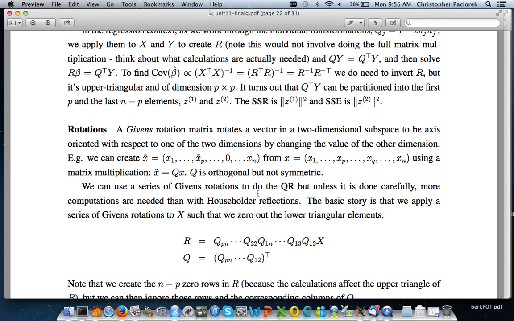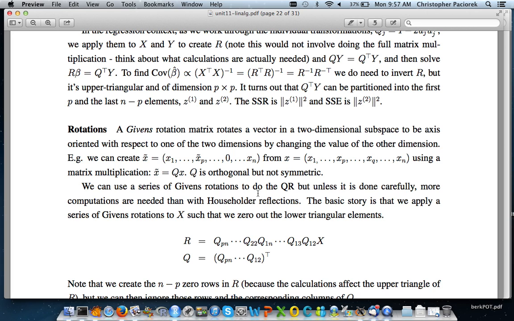Okay, so that's this idea of doing Givens rotations, and the idea in terms of how that applies for the QR decomposition is: think about my X matrix. I'm going to apply some Q12 that does this rotation in the 1-2 dimensions to X, and that's going to zero out the 1-2 position.